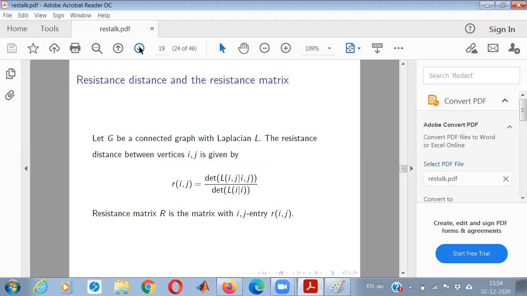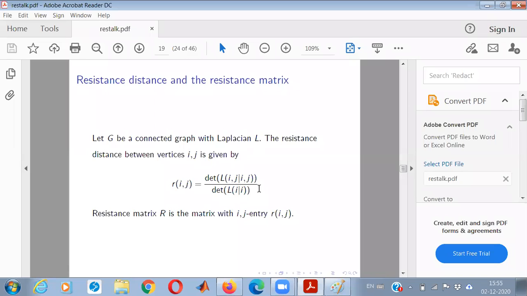Okay, so now here is my first definition. I can define resistance distance in a number of ways, but one way is the ratio of these determinants. You take the Laplacian, and the resistance distance between i and j is given by this ratio, where in the numerator you delete rows i and j and columns i and j, and the denominator is just a cofactor. And actually it is the number of spanning trees.